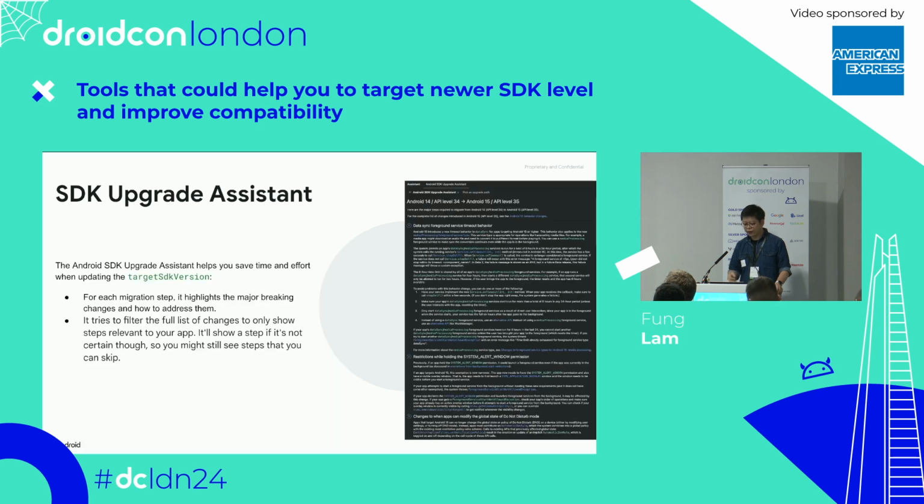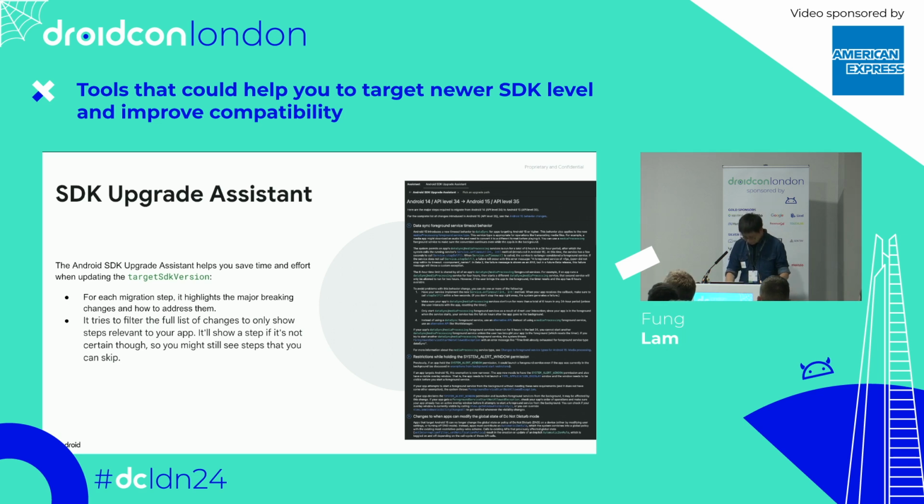If you click on it, it will scan your project and tell you, hey, these are the changes in Android 15 that could be related to your app. That means you may have to pay attention to them, but oh, this is a long list, I don't want to read it, or it's difficult to read. Is there a better way?